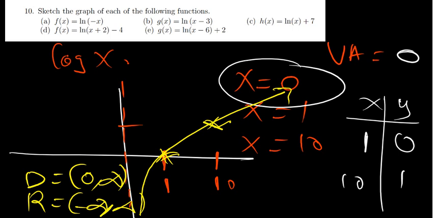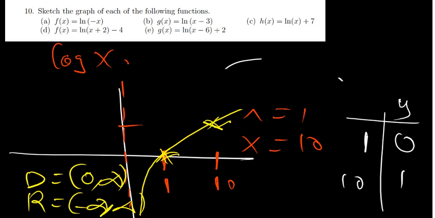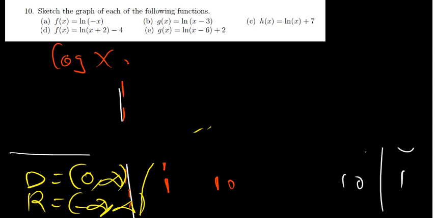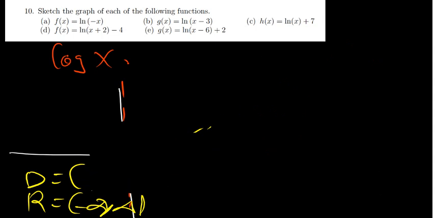Now let's go back to our question. That is just an example which I was trying to give you. Our question now here is, we have ln now. So what we're going to be doing here is the same, even if they give you ln, even if they give you log.